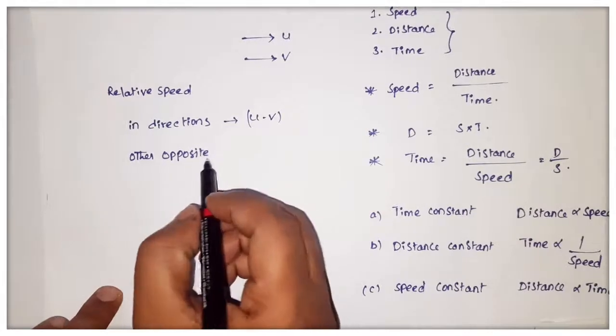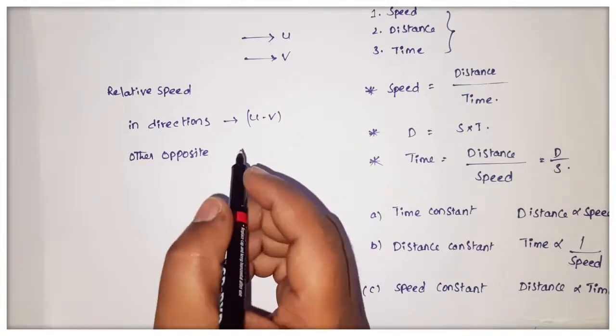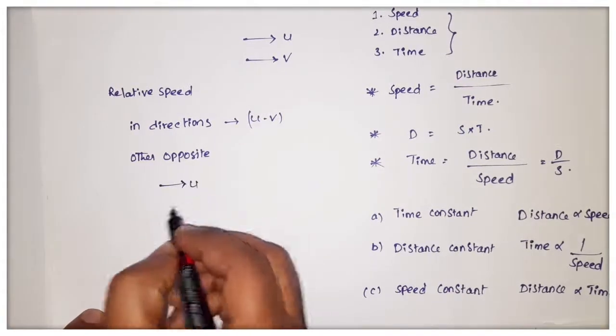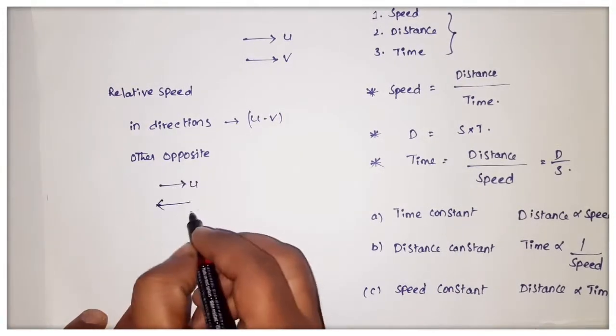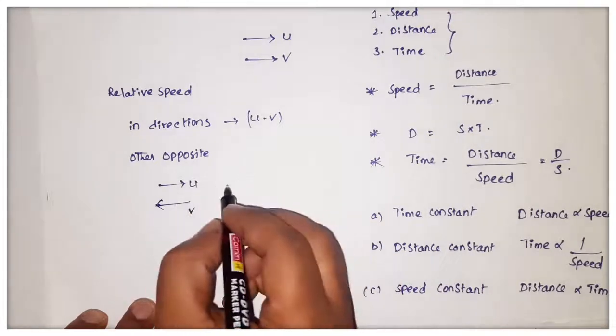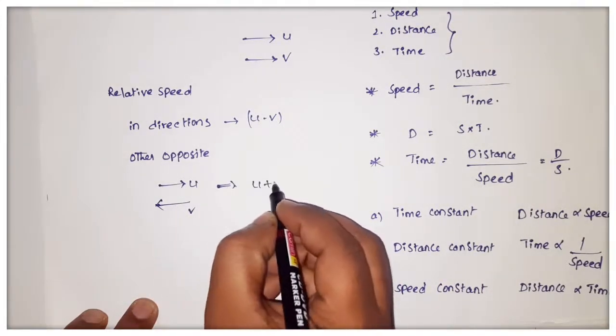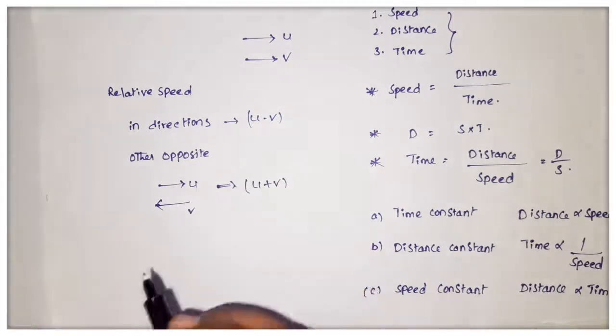Similarly, when objects are moving in opposite directions, then the relative speed between those two is u plus v, that is the sum of the speeds.